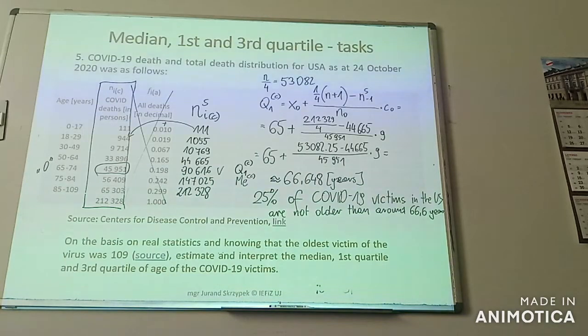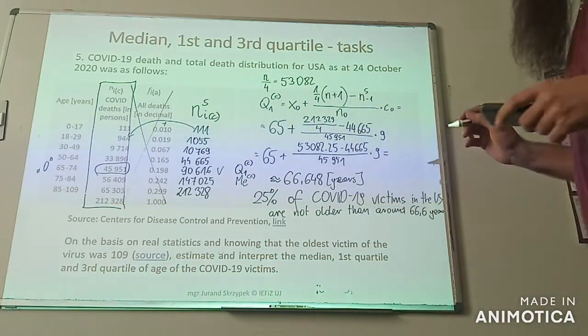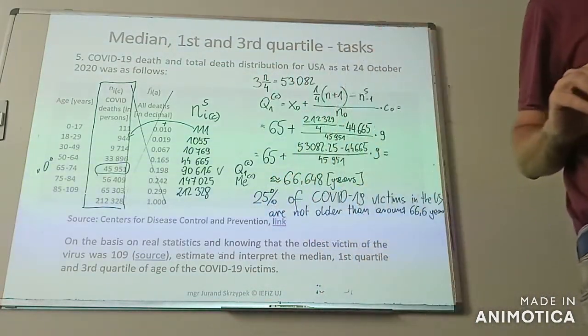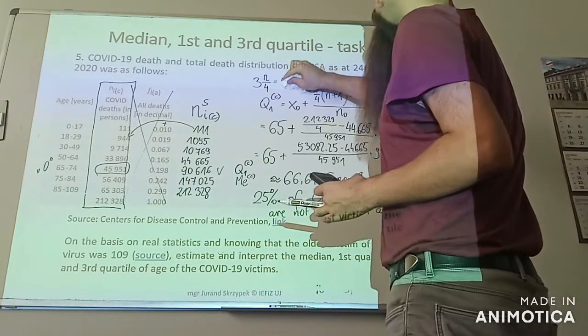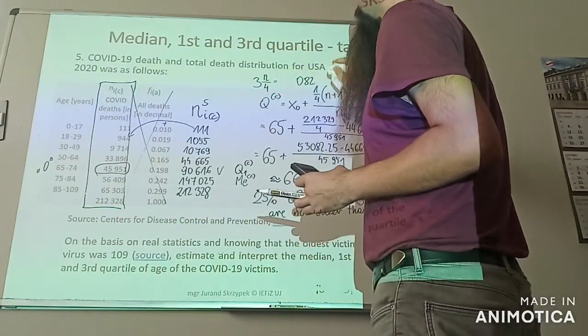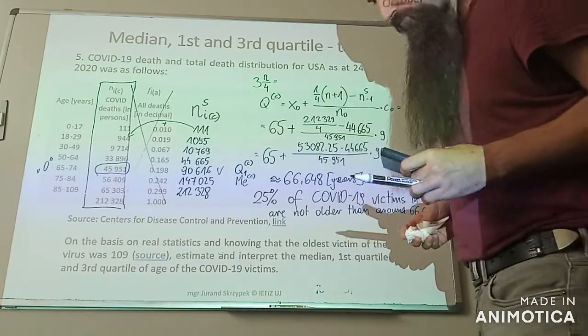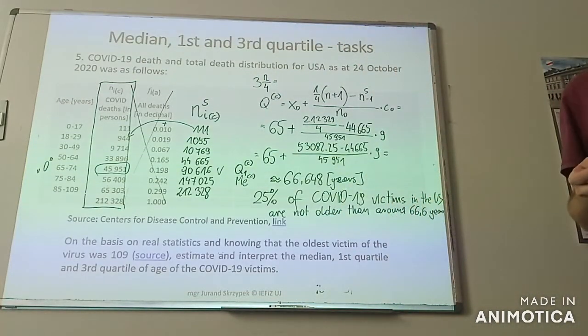Alright, so we can move on to the third quartile. We need 3/4 of the population size. As you can see, the differences between the formulas are quite small.